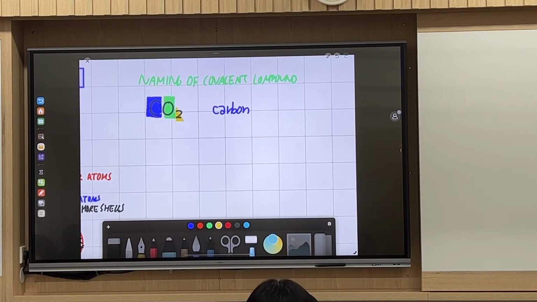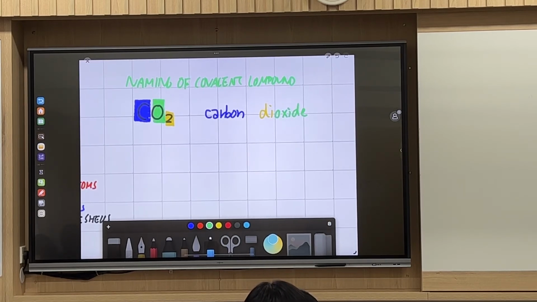Di means there are two oxygens. So we have dioxide. So what about other examples? I'll give you one more and see if you can find a pattern. So this is more complicated. P2O5. What is the name of the element with symbol P?